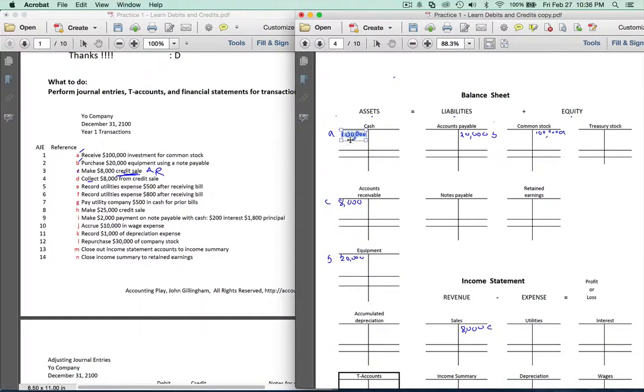So let's go back to our cash here. We'll go ahead and put that 100,000 is still going to stay there. Let's go ahead and put 8,000 in here as well.